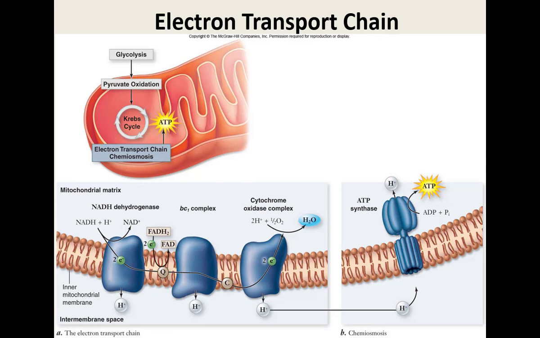So the whole ultimate goal is to take all these electron carriers, use the energy in their electrons to pump hydrogen across a membrane, until all of a sudden you have a whole bunch of hydrogen on one side, and they don't want to be all hanging out on one side. So they're going to then sneak across through this particular enzyme, spin the turbine, and generate ATP.